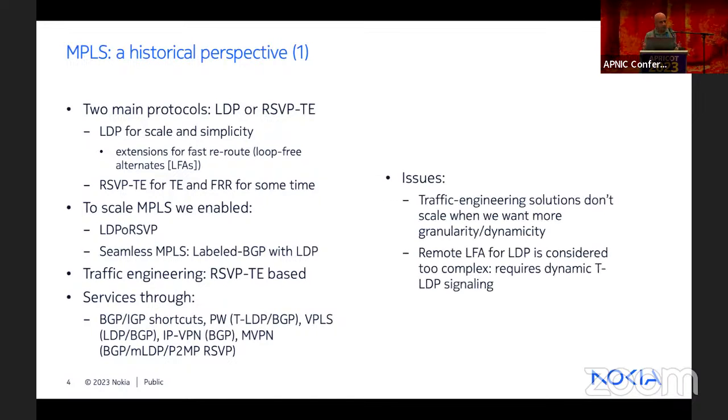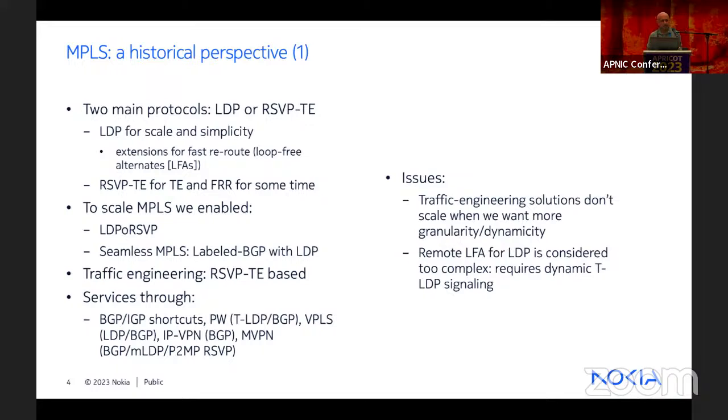Now, where we are today, we find that there are some challenges. I mentioned them already. The challenge of scaling MPLS has been quite significant, and we've invested a lot in making that happen.